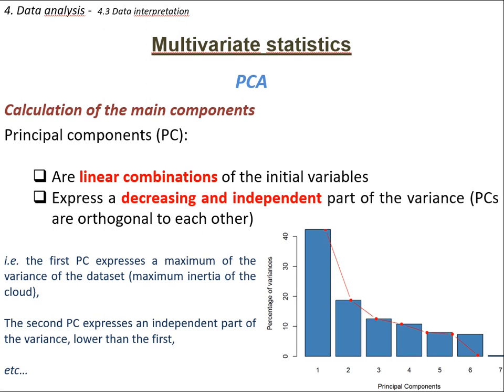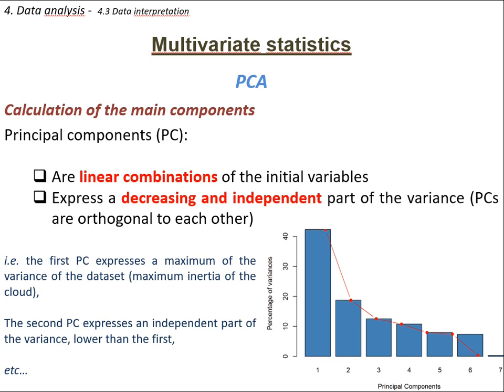So the first principal component here expresses more than 40% of the whole variance. The second, around 20, the third, around 12, and so on. And if you make the sum of all these percentages explained, you have 100%. It means that the whole set of principal components shows the whole variance in the dataset.